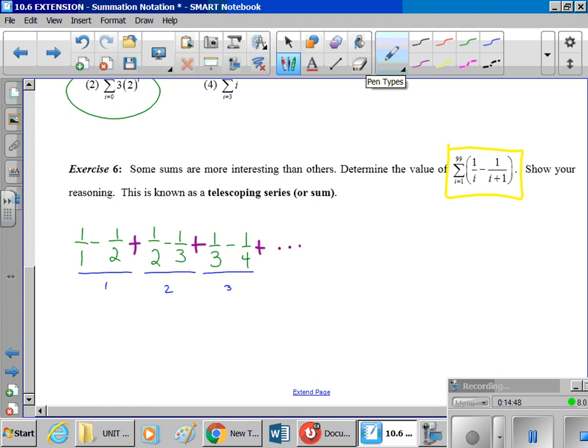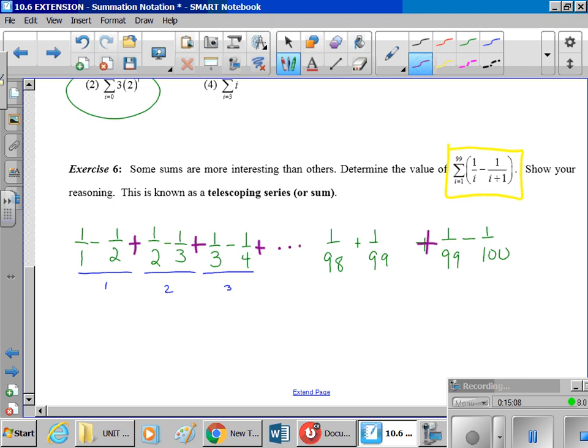And when you get towards the end, you get 1 over 98 minus 1 over 99, and then you get 1 over 99 minus 1 over 100. This is the plus that adds the two terms together.